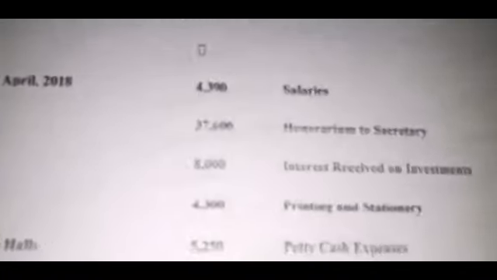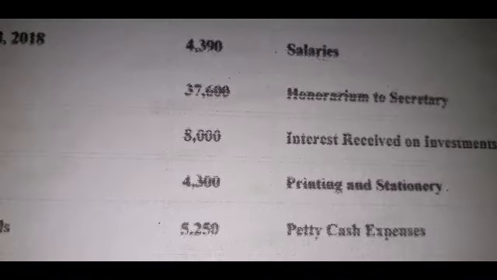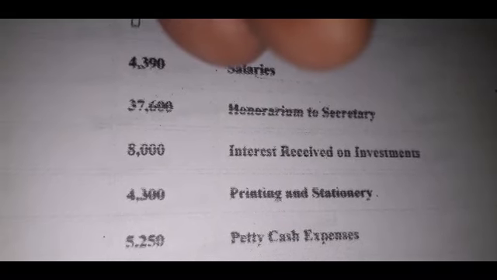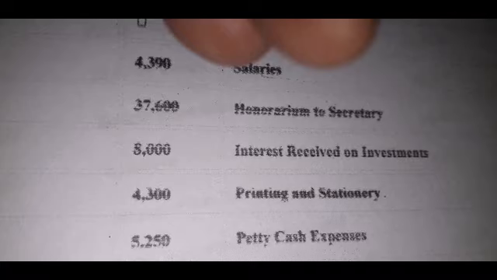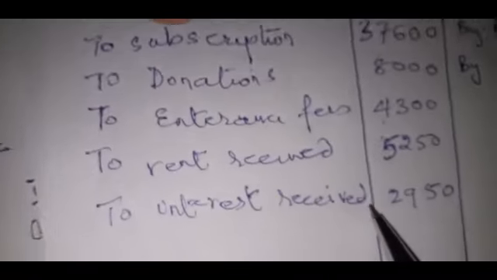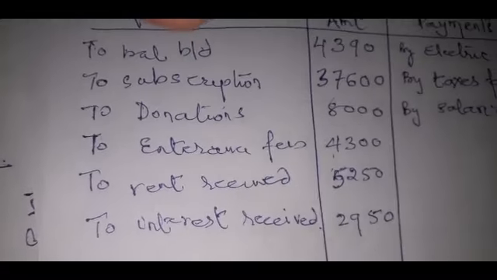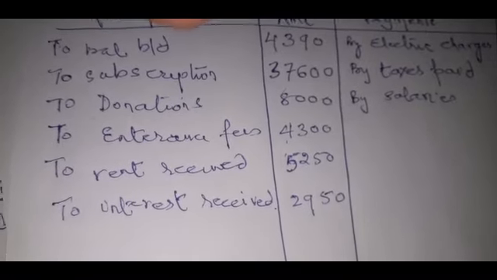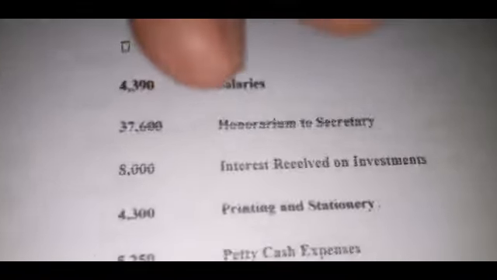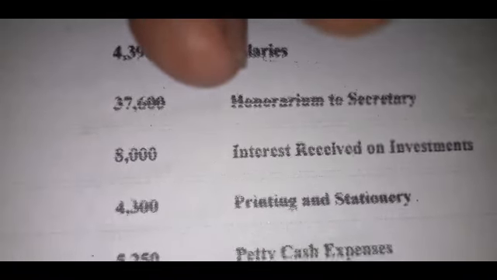The next is your interest received on investments. Interest received on investment, we already posted it on the receipt side, 2,950. Then honorarium to secretary.